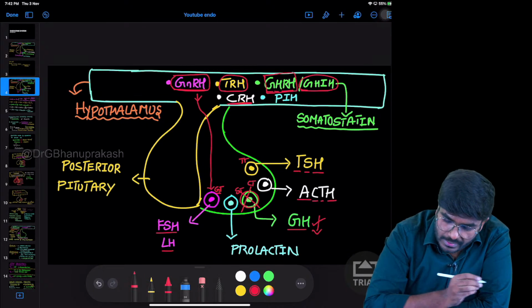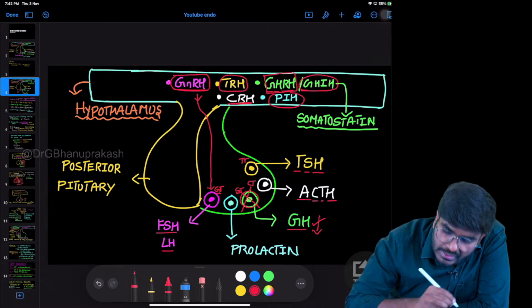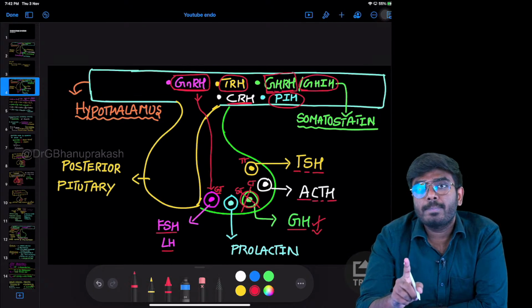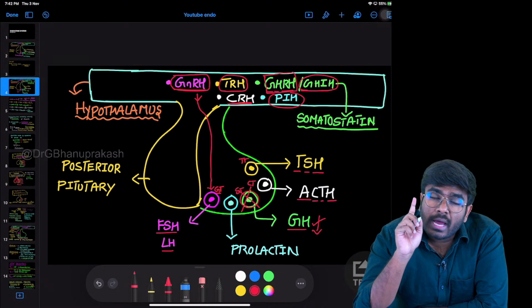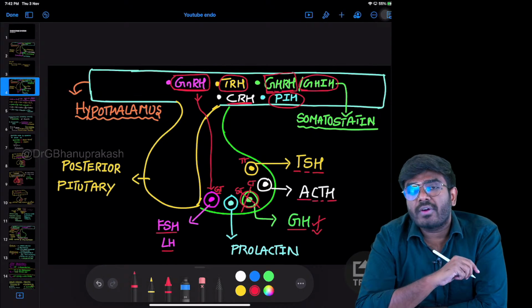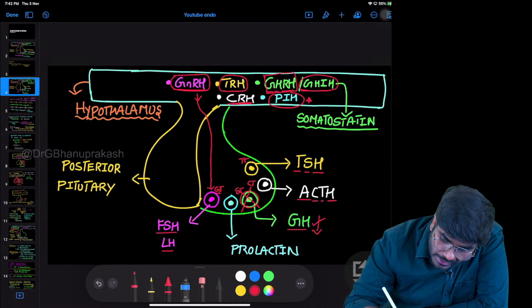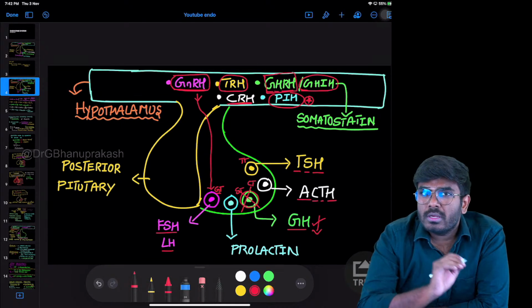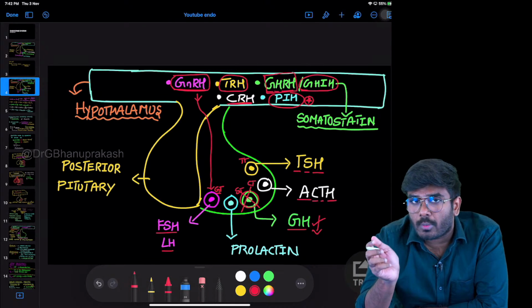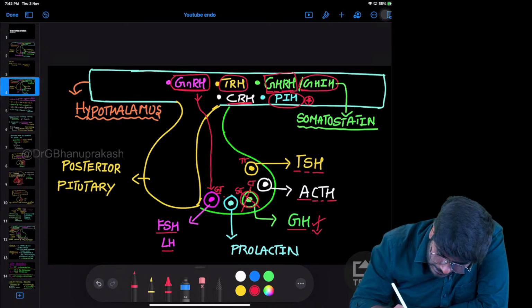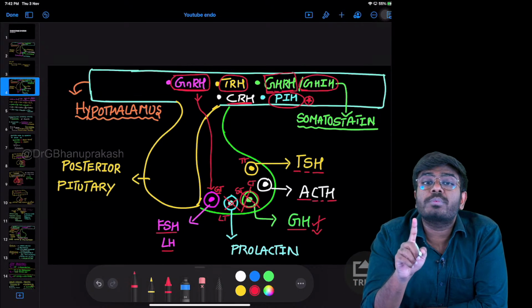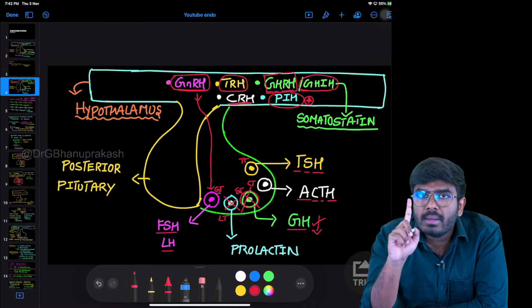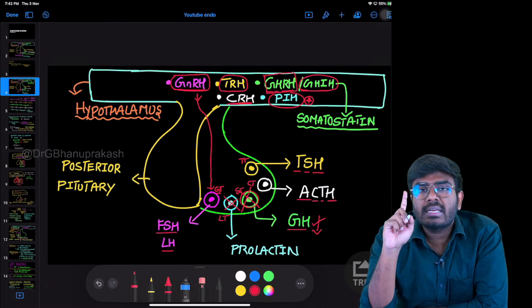In the same way, the prolactin inhibitory hormone: normally all the time in a female, the hypothalamus, especially the arcuate nucleus of the hypothalamus, produces something called prolactin inhibitory hormone. In the name itself, it's an inhibitory hormone. It will come down and inhibit the lactotropes. The lactotropes are continuously inhibited by prolactin inhibitory hormone.